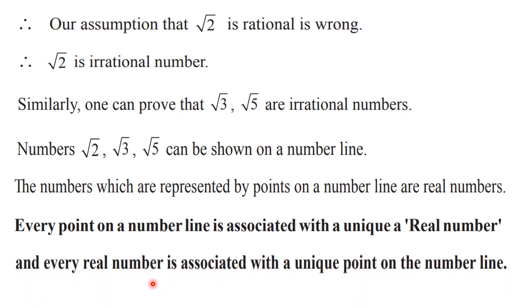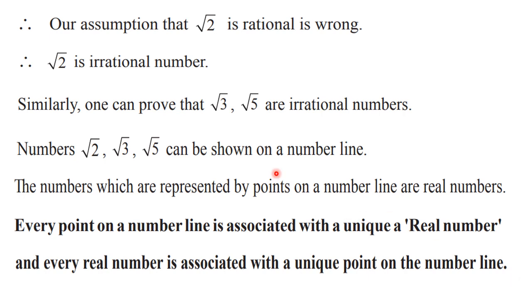These are the two statements which I have already explained with the help of the number line. These are given as the important points in your textbook: every point on a number line is associated with a unique real number, and the converse is that every real number is associated with a unique point on the number line, as we have seen with different points there. Now let us go further.